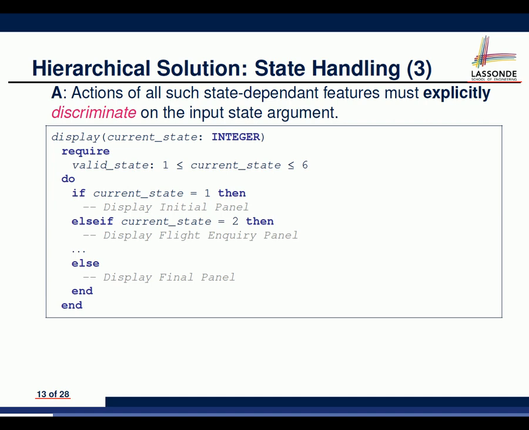So for every feature, display, read answer, validate, etc., I need to add an extra else if to say else if state number 7. That's violating the single choice principle. Similarly, if I want to shrink down the state space, rather than having 6, I want to have 5 states only. In that case, I have to delete one of the else if statements in every such feature. That's what we said last time.